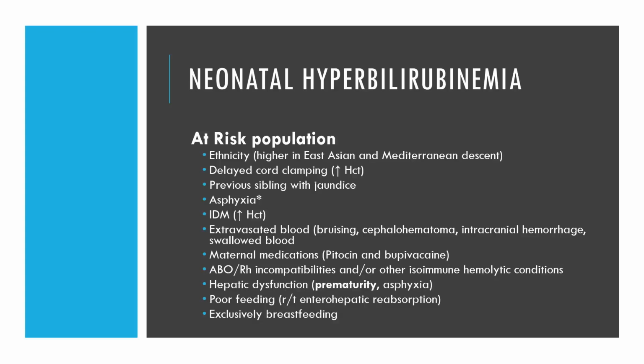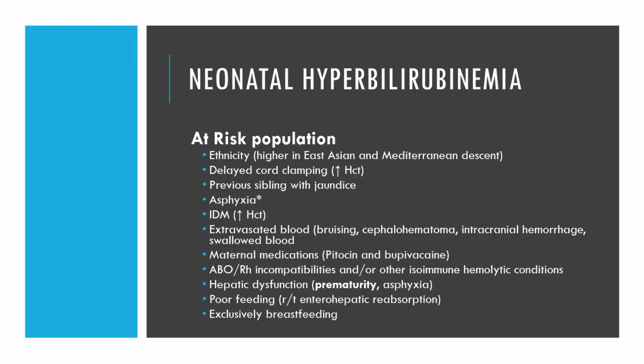Any type of extravasation, I can't pronounce words sometimes, so we're just going to say bruising, right? You've got a kid with cephalohematoma, intracranial hemorrhage, or let's say mom abrupted and they've swallowed a lot of blood. So they've got extra blood on board. These kids are going to have a higher bilirubin because they've got more red blood cell load, and so they're going to have more red blood cell breakdown.